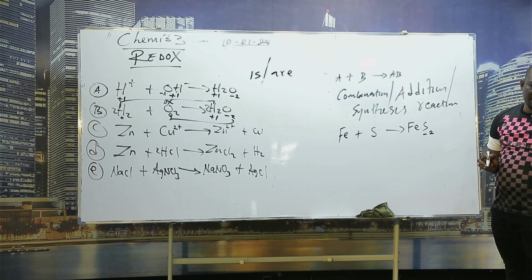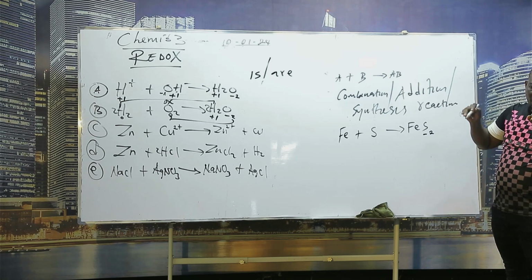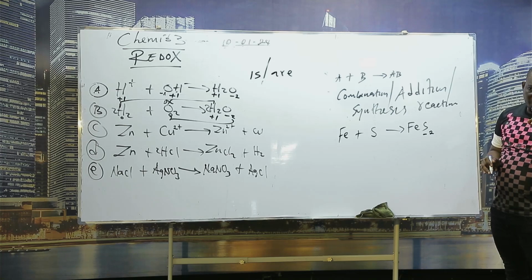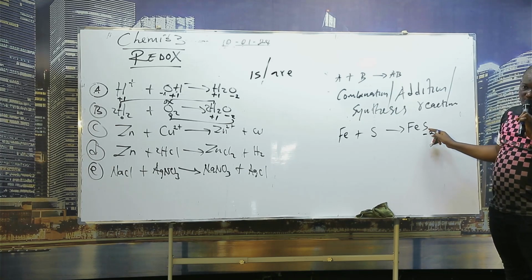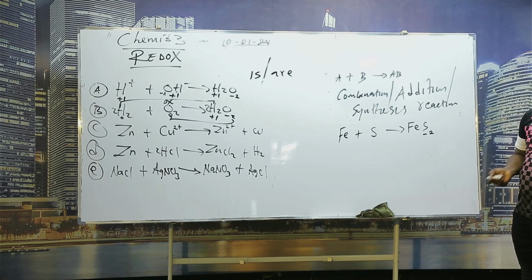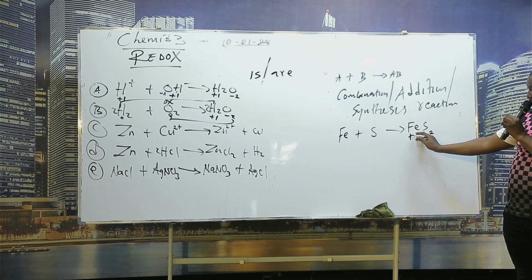There is a rule that says that whenever two or more atoms are in a compound, the sum of oxidation numbers of atoms of elements in a compound like this is equal to 0. So now that sulfur is -2, iron is +2, because the sum must be 0. That's why you peg +2 here.